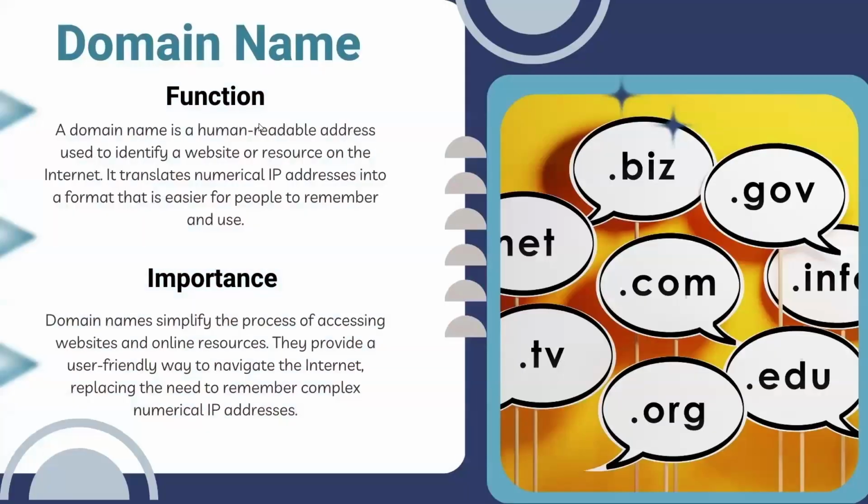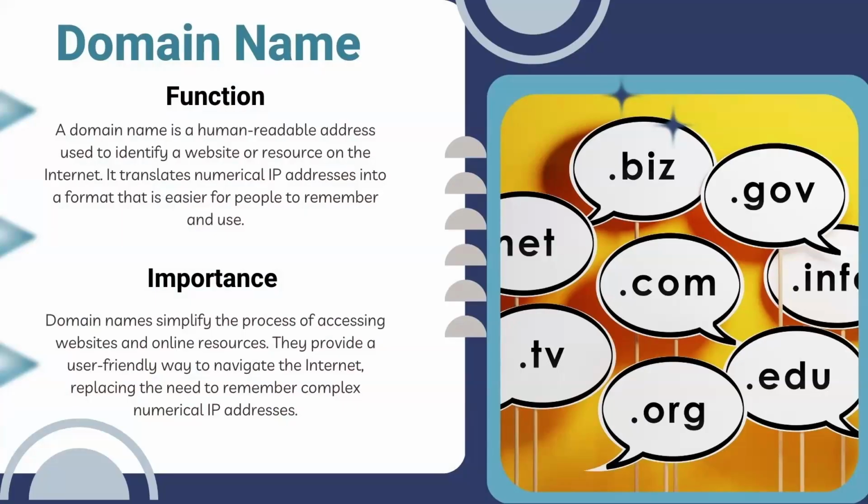So domain names. Domain names will include things like .com, .gov, .org, and they're at the end of different websites. They are human-readable addresses used to identify websites and resources on the internet. It translates these numerical IP addresses into a format that's easier for people to remember and use. Think about it like a phone book, right?